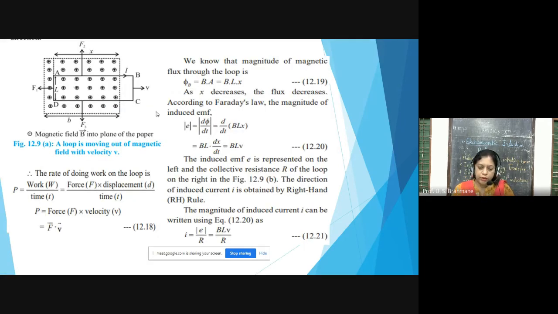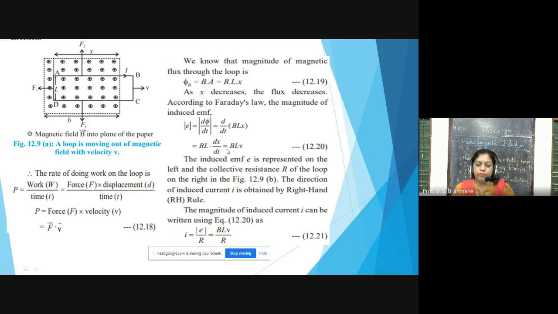For phi, we put the value from equation 12.19, B L x. So d by dt of B L x: B and L are constants and not going to change, so take them out of the derivative, and it becomes dx upon dt. So this equation we have derived earlier.